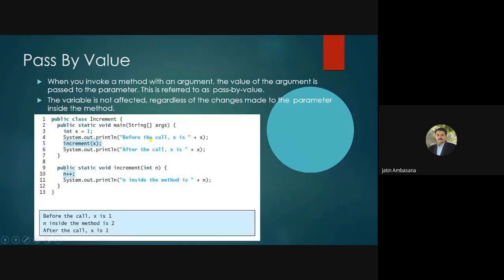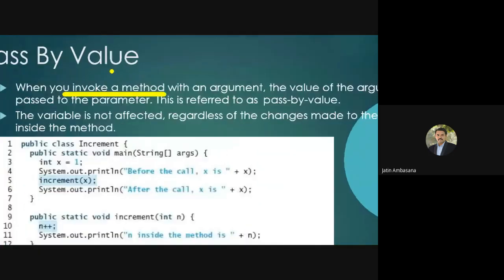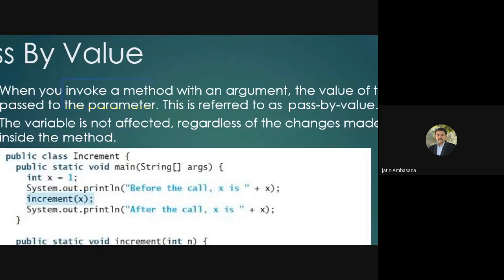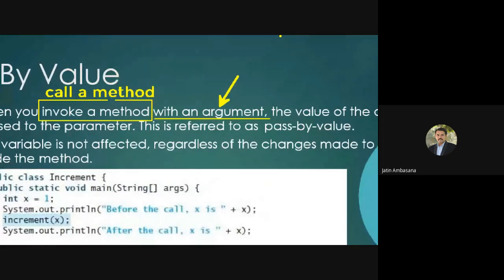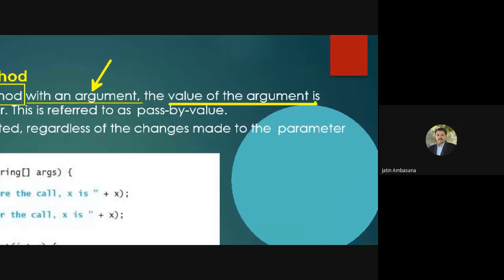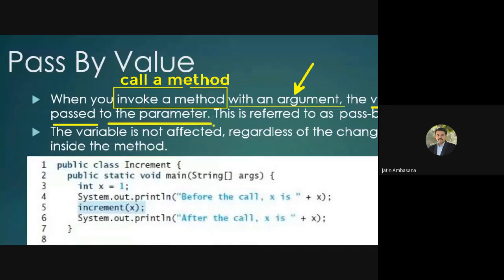Check this out. When you invoke a method, or basically call a method, with an argument, what happens?